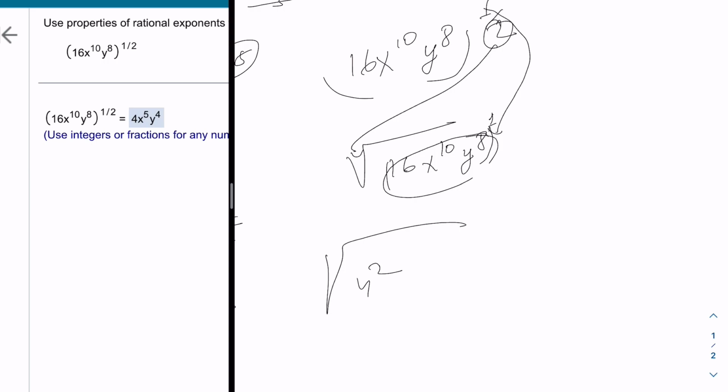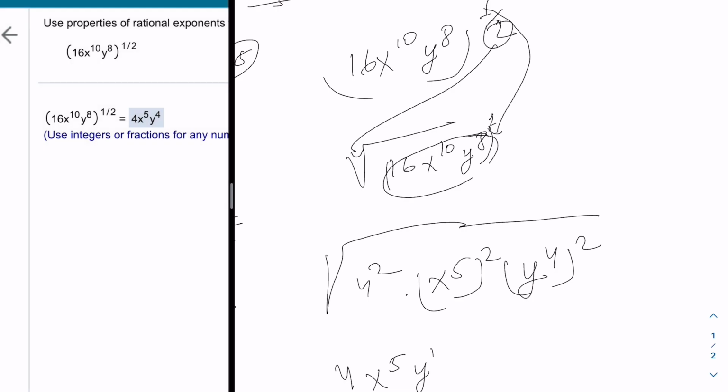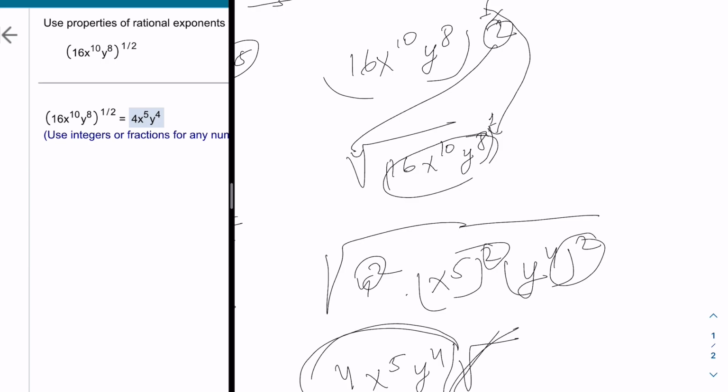Four squared, then x, 5 to the 10, then y, 4 to the 8. Now our answer is 4 x5 4y root. Is there anything inside? Everything will go out, so we don't have root. So only this thing is the answer.